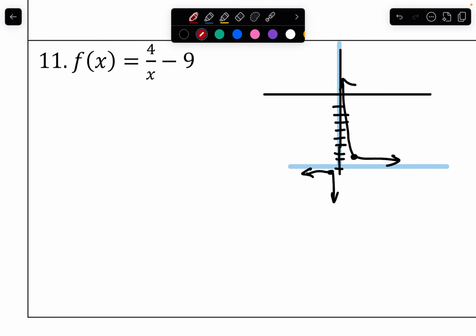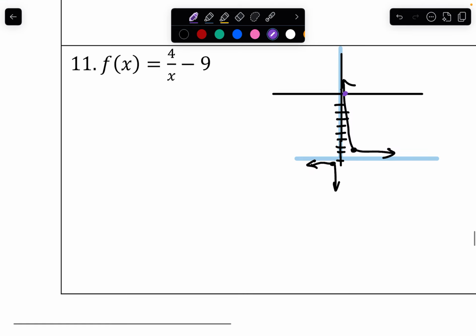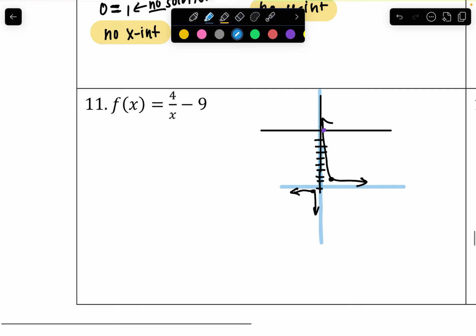So it looks like our x-intercept is going to be pretty close to 0, but positive, and then our y-intercept is going to be pretty negative. Nope, we won't have one, because we have a vertical asymptote, and so it's just going to get infinitely close. And so we'll see if that matches algebraically.